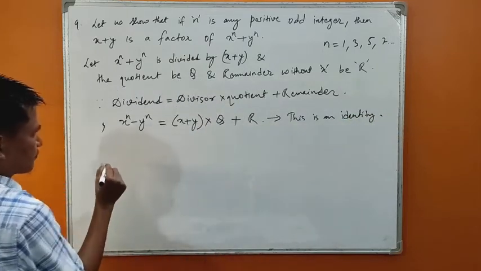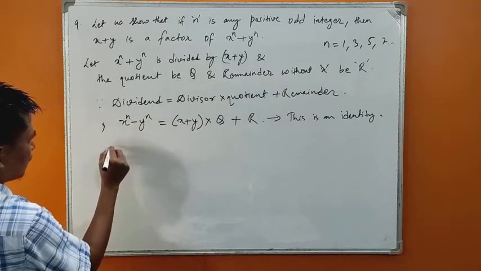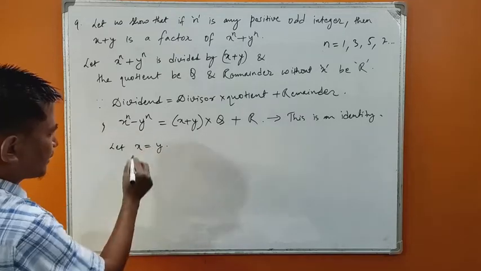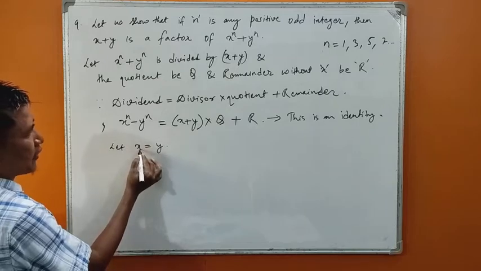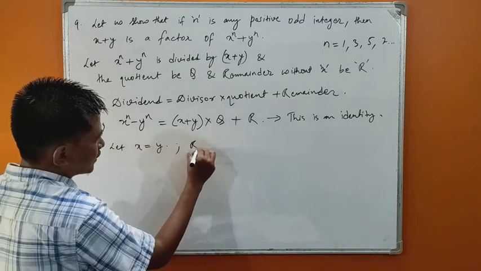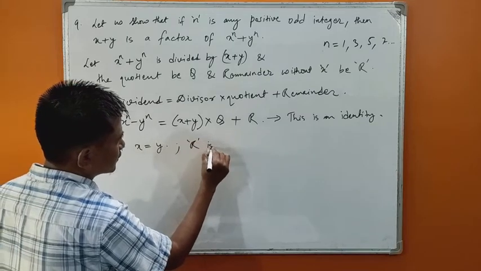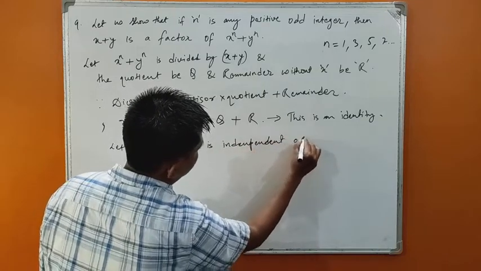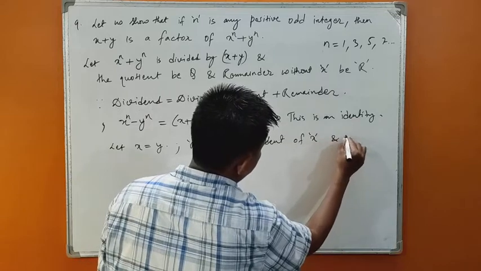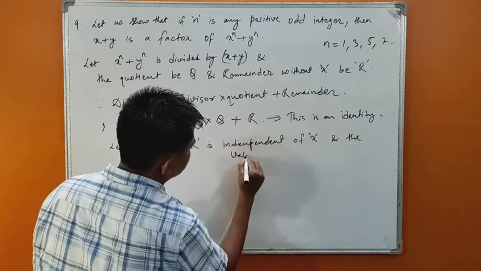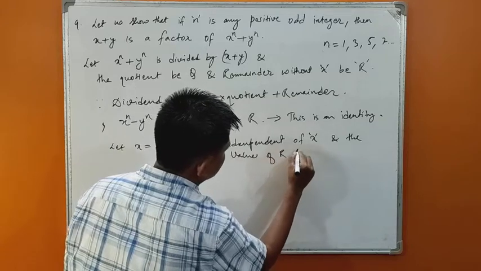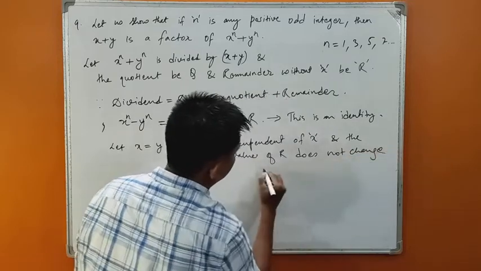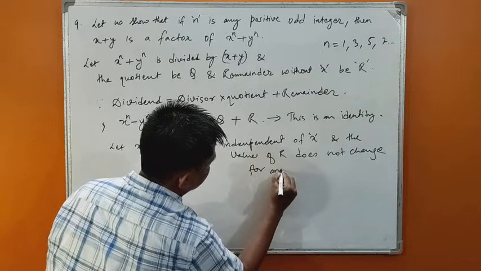Now let x equal y. I am just supposing the value of x to be y, because r is independent of x, and the value of r does not change for any value of x.